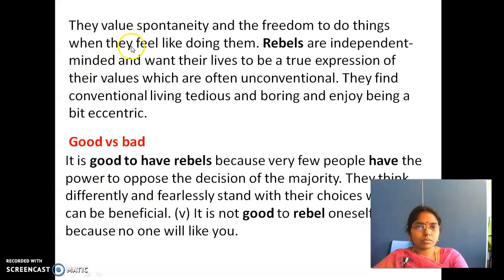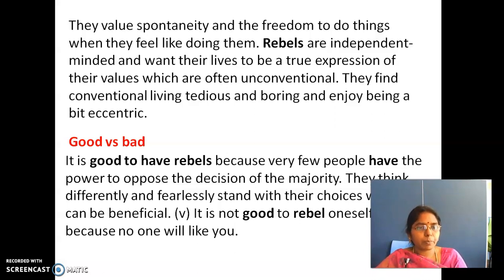Okay, now still deeper into the rebel. They value spontaneity and the freedom to do things. Very good. Freedom to do things. When they feel like doing them, they'll do it. There is no restriction. They will not stick to restrictions. They want to be free.